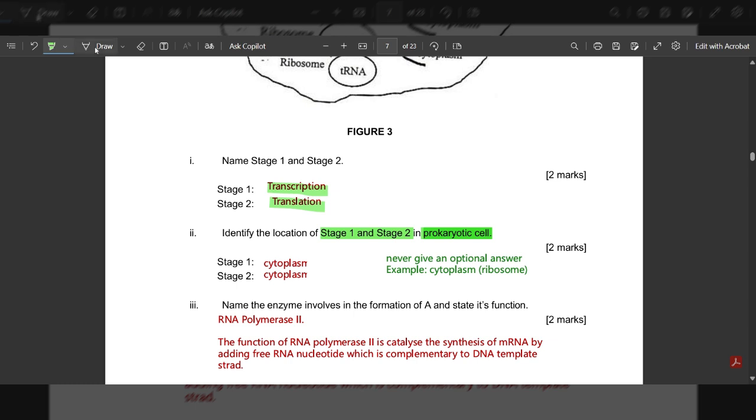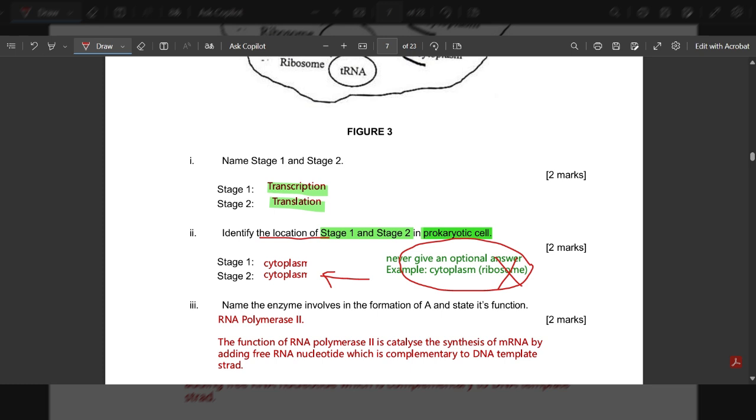Some of the students, we noticed, give an optional answer like this for stage 2. It is actually wrong for ribosome, because the question wants the specific location. So it has to be any location in the cytoplasm. Ribosome is attached to the mRNA, so it is not a location. It is actually a movable component.